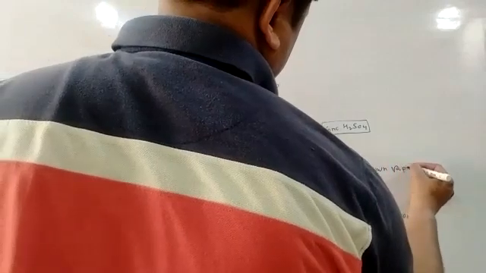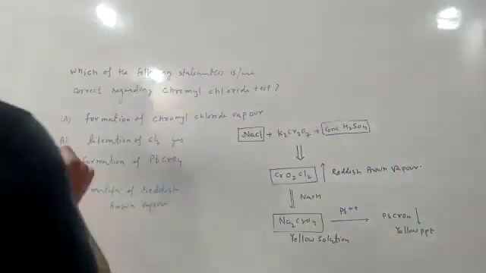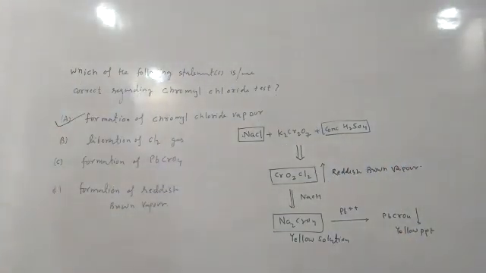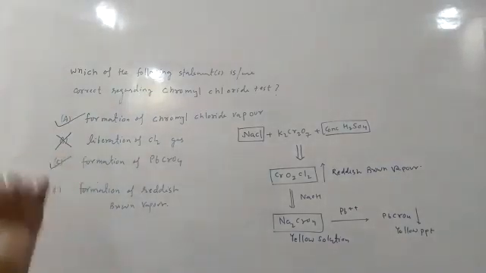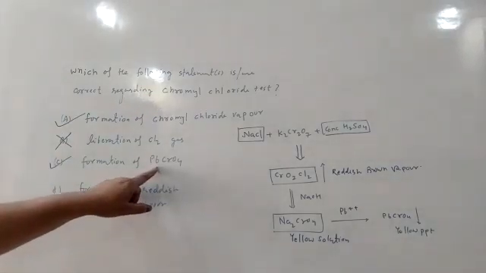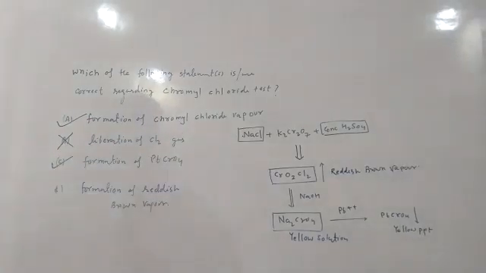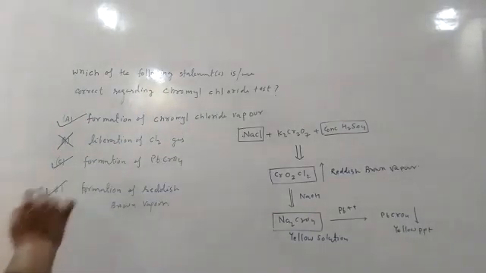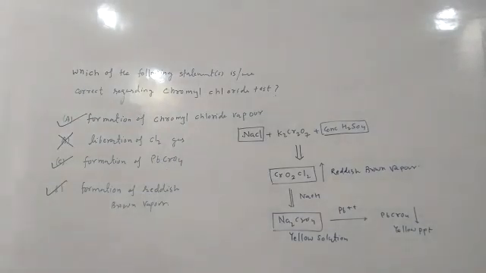So answer should be formation of chromyl chloride vapor. Yes. Liberation of Cl2? No, there is no Cl2 liberation. Formation of PbCrO4 is the confirmatory test for the chromyl chloride test. And formation of reddish brown vapor.